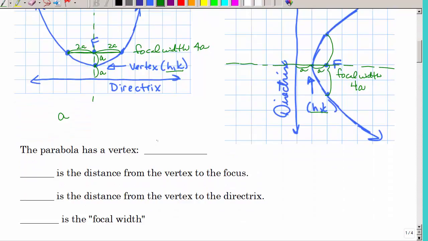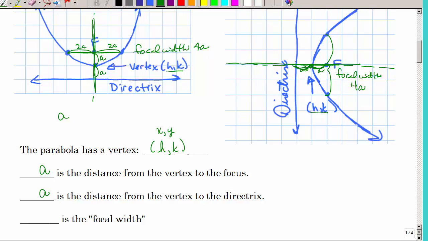So some important things to know. The parabola has a vertex of HK, which is just a particular XY point. It cuts that parabola in half, either through a vertical line of symmetry or through a horizontal line of symmetry. A is the distance from the vertex to the focus. And A is also the distance from the vertex to the directrix.